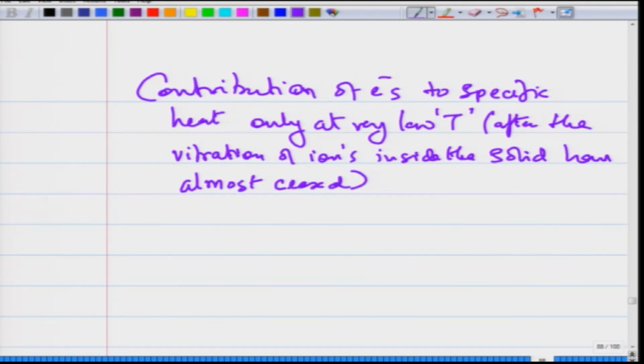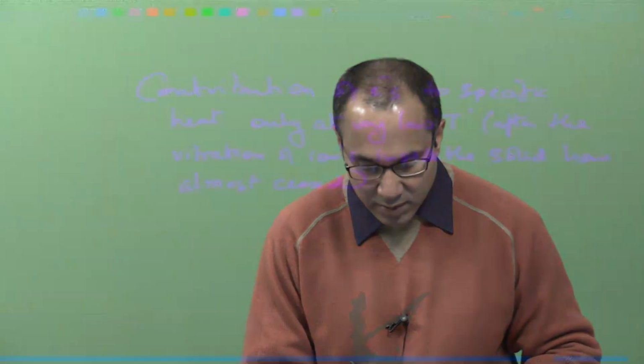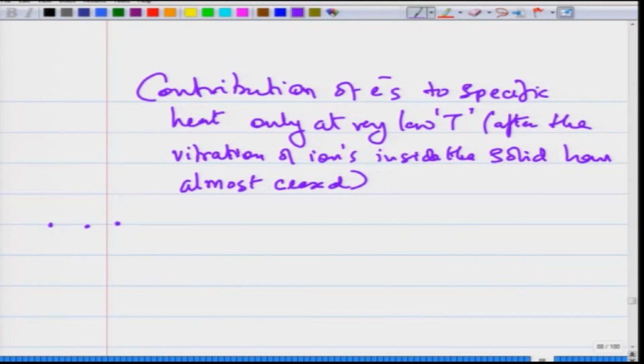Only after the vibration of ions present inside the solid have completely ceased do you see the contribution of electrons. And this is important because these positive ions are taken as if they are connected with springs.